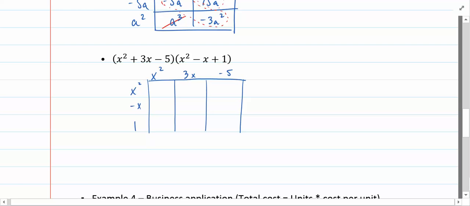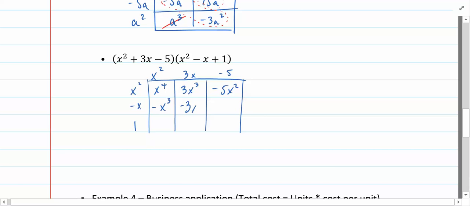X squared times x squared is x to the 4th. x squared times 3x is 3x to the third. X squared times negative 5 is negative 5x squared. For the second row, negative x times x squared is negative x to the third power.